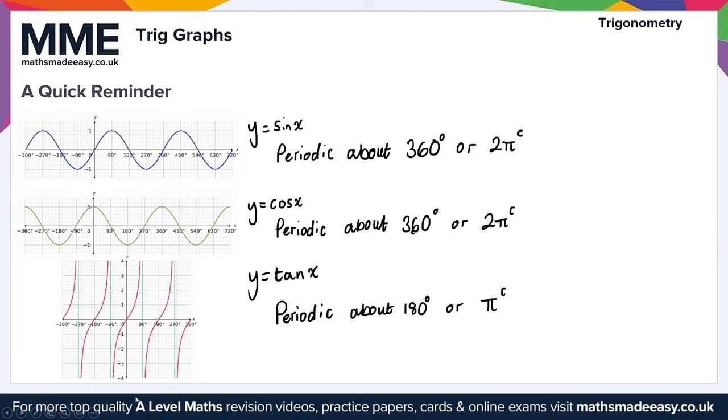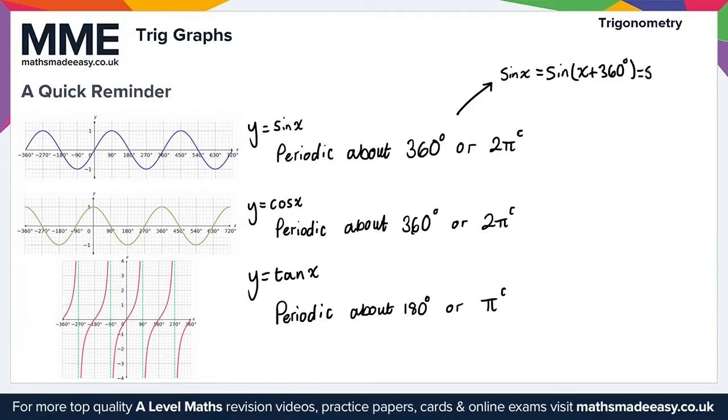So we can make several comments to summarise our three trig functions. For sine x, we can write sine x is equal to sine of x plus 360 degrees, and again we could write that as sine of x minus 360 degrees.